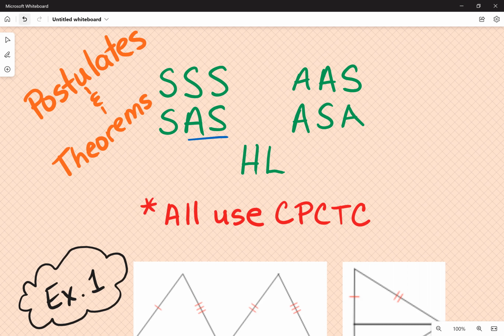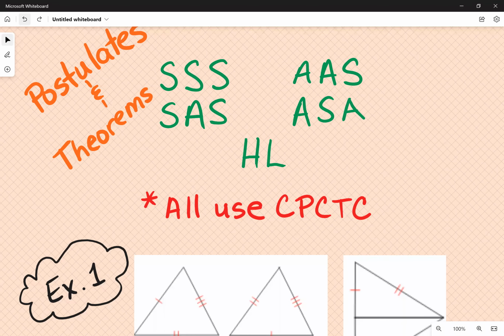When I go to my next one, which has both of my A's, I'm also spelling AS. After that, I just flip my A and my S. That helps me remember it. And then this is just a lone wolf: the hypotenuse leg. That has to be used with a right triangle because a right triangle has a hypotenuse.